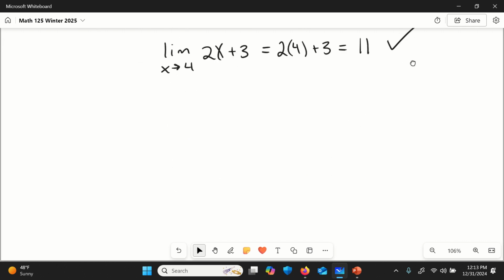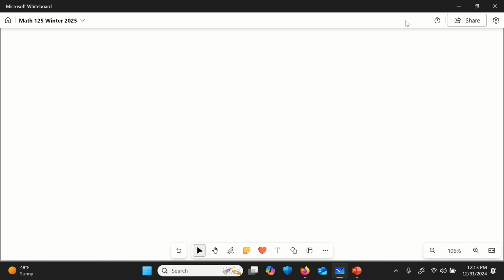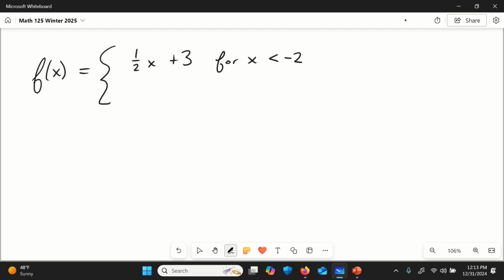Let's see a second example. So the second example, the function's a little more complicated. It's a piecewise function, but the individual rules in this piecewise function are still linear functions. So let's say we have a piecewise function where the first rule is 1/2 x plus 3, and we do that for x less than -2.